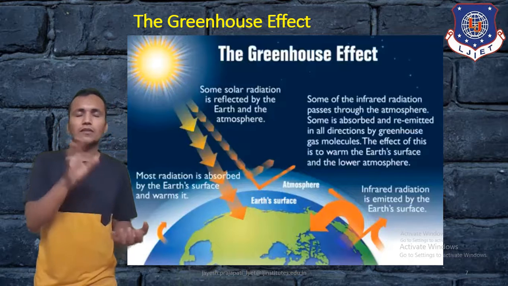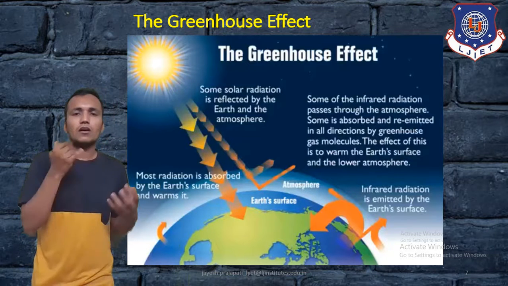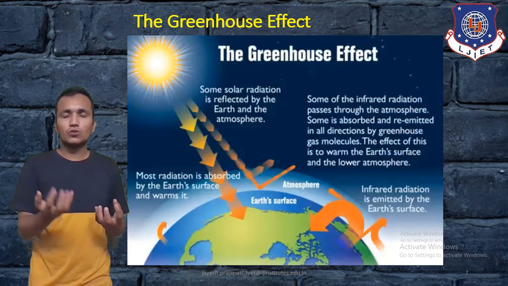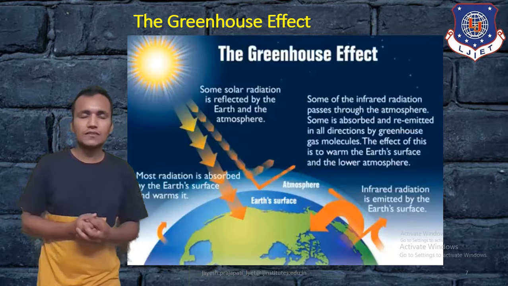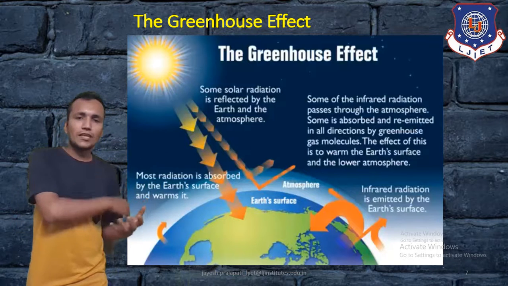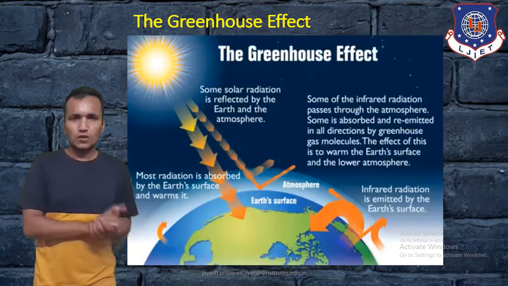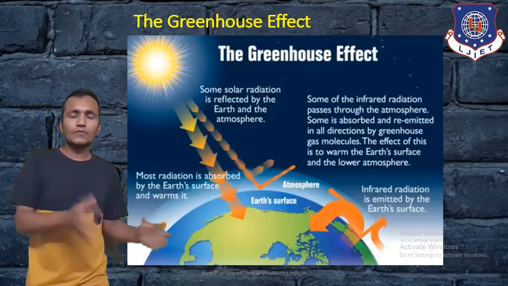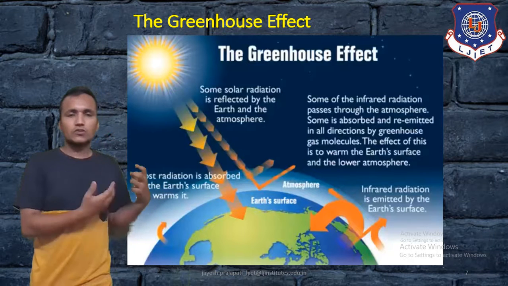But in the greenhouse effect, there are greenhouse gases: carbon dioxide (CO2), nitrous oxide and methane, which are available in the atmosphere. The radiation reflected by the earth is sent back to the earth's surface, so the atmosphere temperature increases.